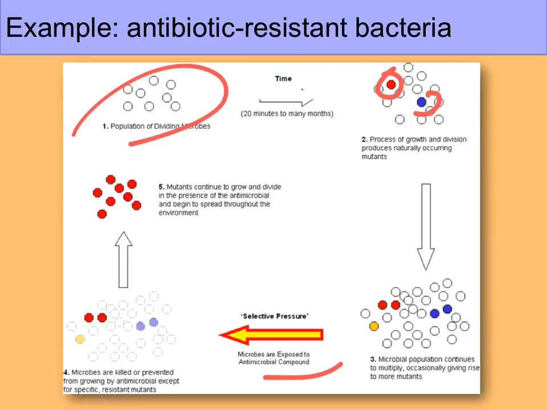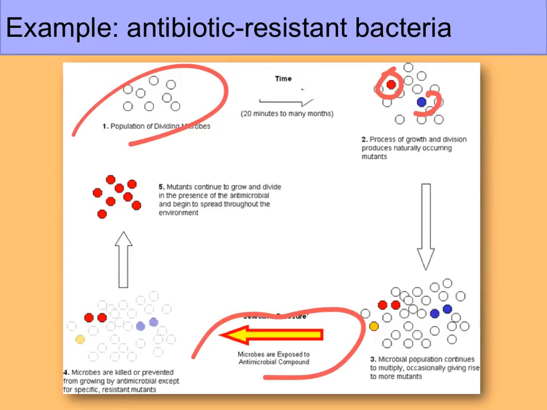And then here's a selective event. Microbes are exposed to a toxin, an antimicrobial compound that kills them. In this case, in terms of antibiotics, it's bacteria. In terms of viruses, it's antivirals, antifungals, those sorts of things.